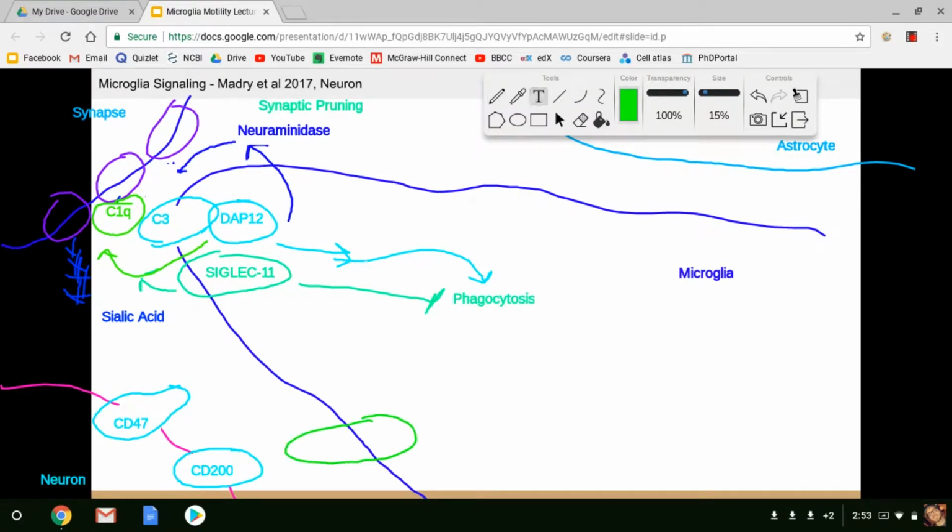On the microglia, we have, for example, CD200R, which is the receptor for CD200, and the receptor for CD47 is SIRP alpha, or SIRPA, I'll call it here. These guys can bind to each other. And this binding, broadly, has anti-inflammatory properties. It inhibits phagocytosis.